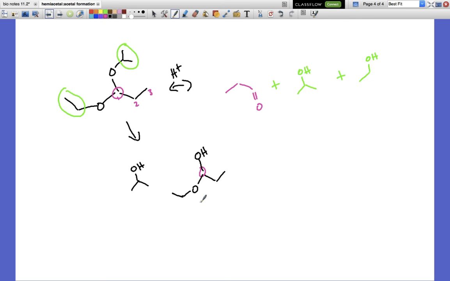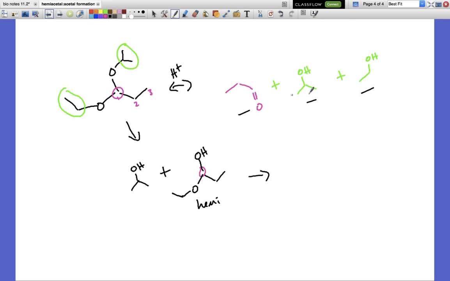So I could break this up into parts and have a hemiacetal here. And actually, which alcohol you remove is dependent on which one you feel like removing, because it doesn't really matter which one you remove first. So this is the isopropyl alcohol and a hemiacetal, and then I can remove my final alcohol. Again, there's an ethanol here that can be removed, and I can get these same products that I had up here.